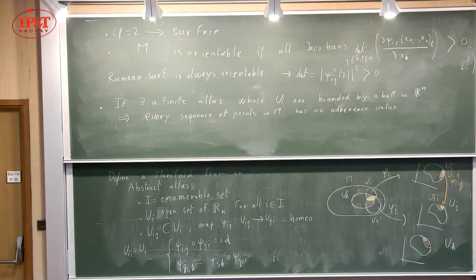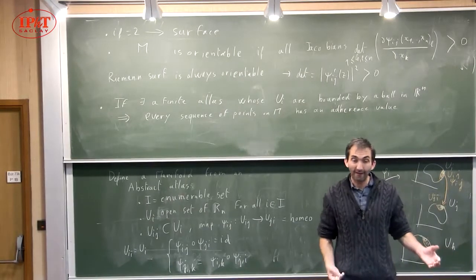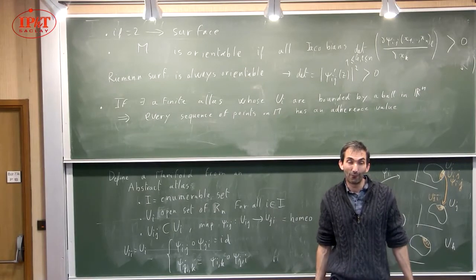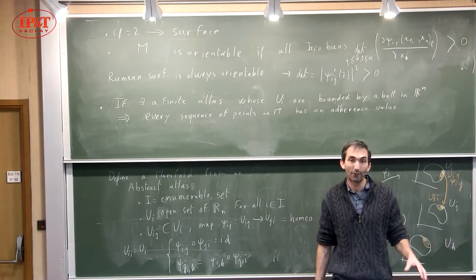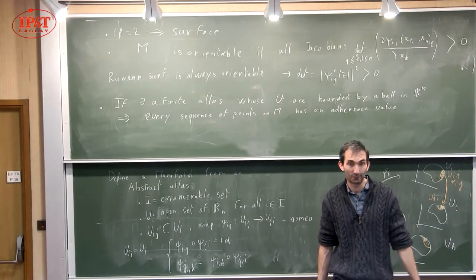Sorry, can you give an example of non-equivalent atlases? Well, if you take C infinity or, for instance, analytic, an equivalence class of atlases, for instance for Riemann surfaces, is called a complex structure.